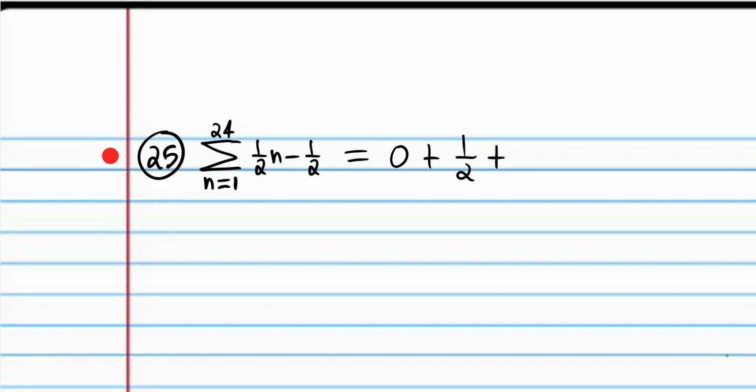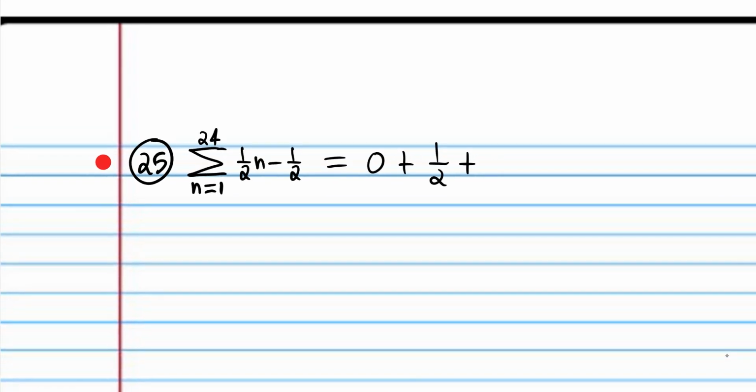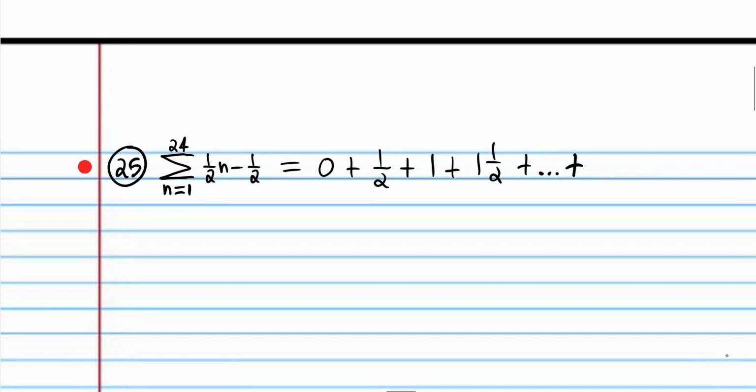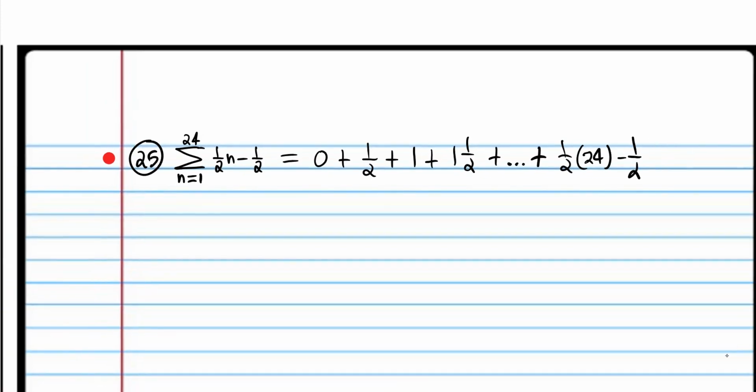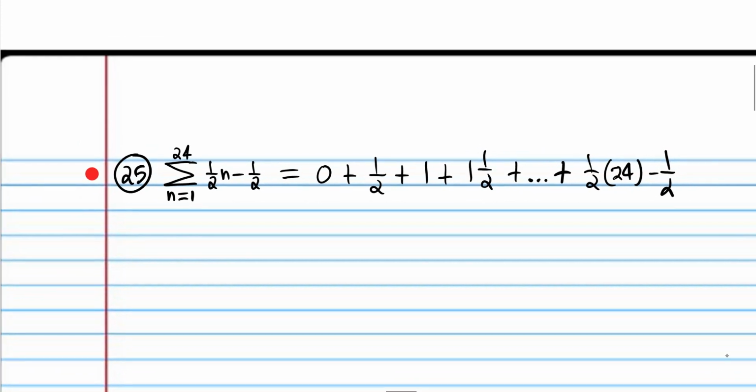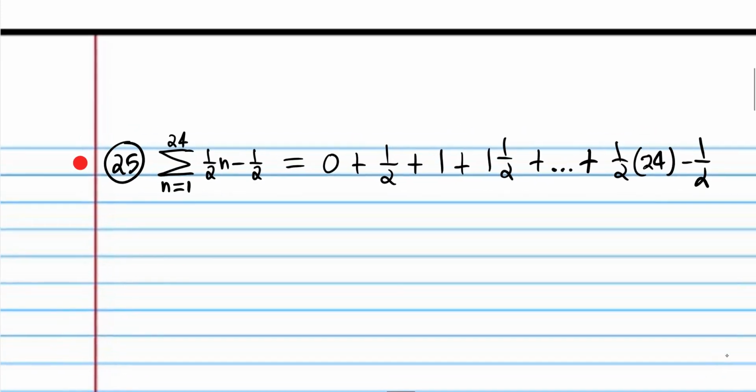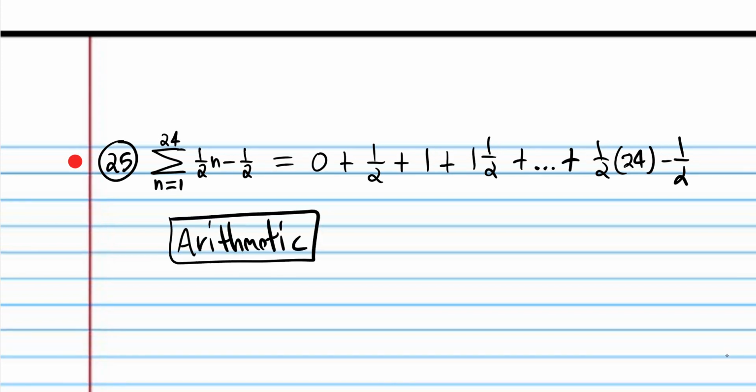Then we'll plug in 3 and we get 1, and plug in 4 and we get 1 and 1/2, and it's obvious what's happening here. The last term will be whatever 1/2 times 24 minus 1/2 is. So we're just adding 1/2, so obviously this is an arithmetic sequence, arithmetic series that is.